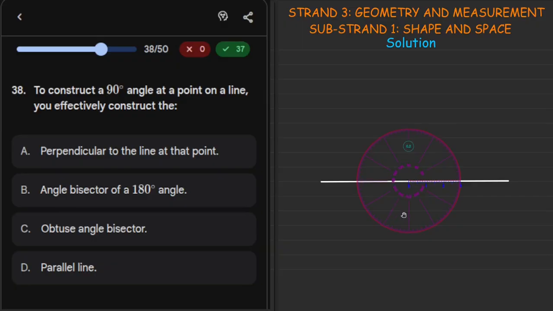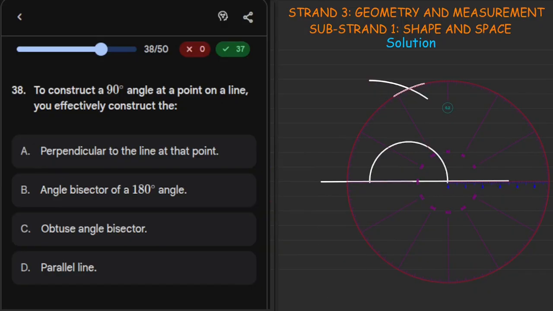This is simply how we construct 90 degrees. So I have my semicircle, and then I stand at one point, open my compass, and draw my arc here, and then I also draw another arc over here.